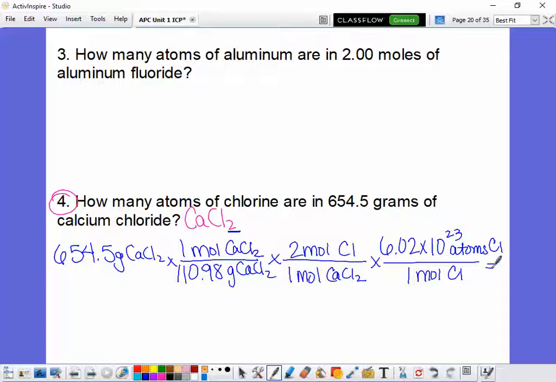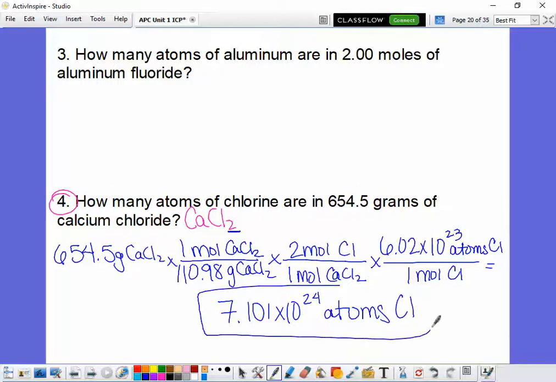It's 7.101 times 10 to the 24th. Yes, exactly. 7.101 times 10 to the 24th atoms of chlorine. Okay? Cool.